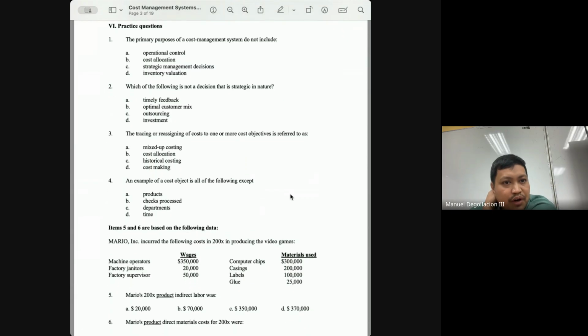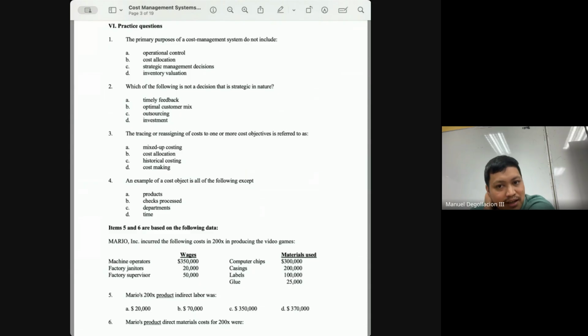Number two, which of the following is not a decision that is strategic in nature? Here, you will just have to answer this based on your common sense. You will have to analyze this question. Which of these choices is not within the control of the company, class? Optimal customer mix. Do you have control over your target customer?